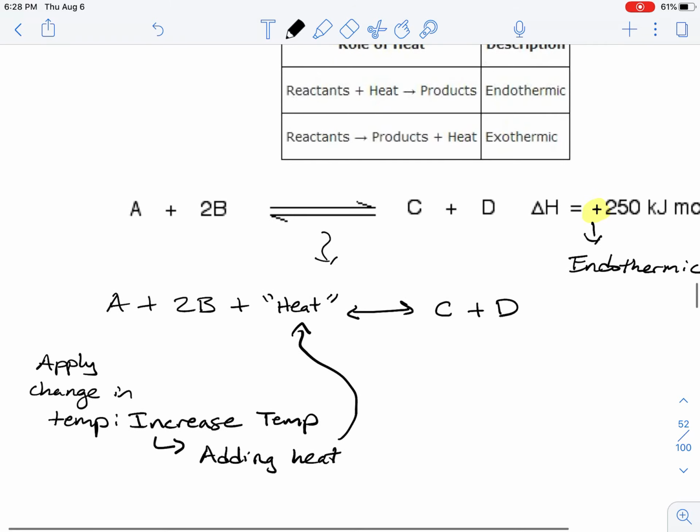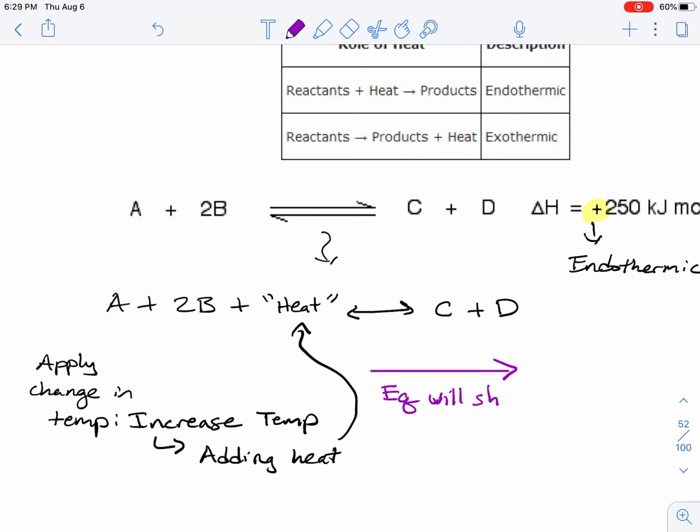According to Le Chatelier's principle, if you're adding more reactant, the system counteracts the disturbance by consuming that reactant, shifting the equilibrium to the side of the products. So in this case, the equilibrium will shift to the right.